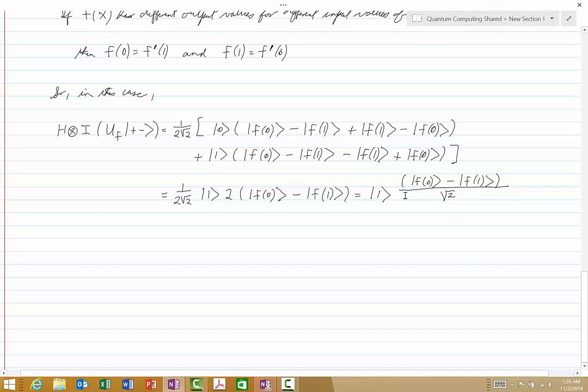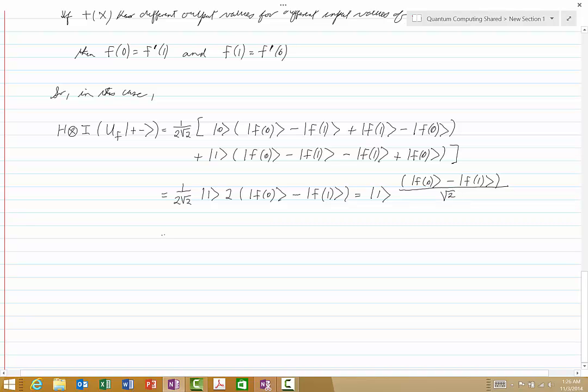And keep in mind now that f of 0 and f of 1 are not equal to each other. So this term here, which represents the second qubit of the output, is either 0 minus 1 over the square root of 2, or 1 minus 0 over the square root of 2.